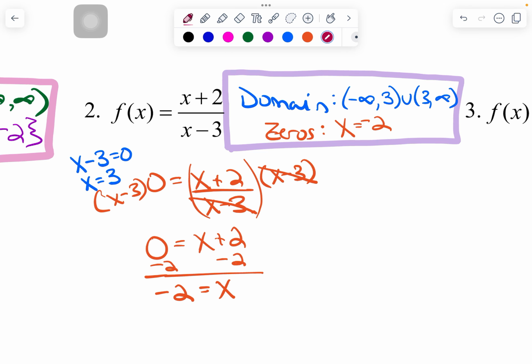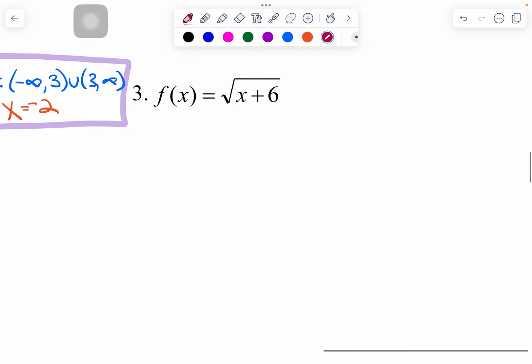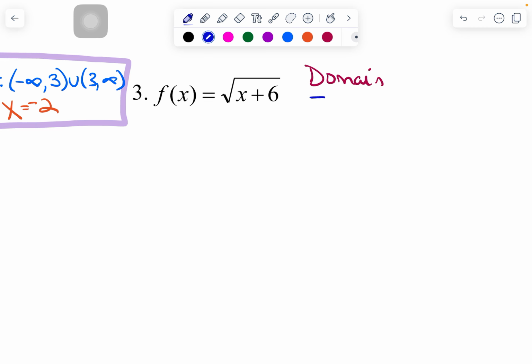And then the last problem here is going to be problem number 3. f(x) is equal to the square root of x plus 6. And as before, I'm talking about domain here, and I'm talking about zeros. So for the domain, the very first thing we talked about was you cannot have a negative underneath the radical. And clearly we have a radical here.